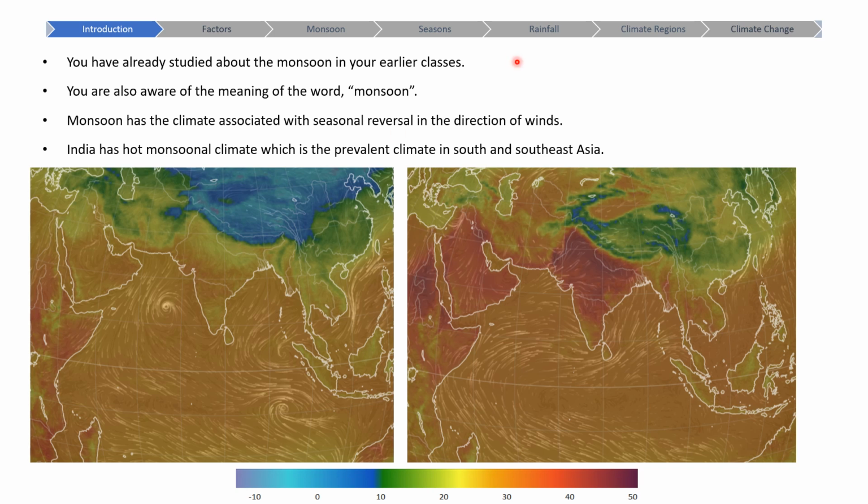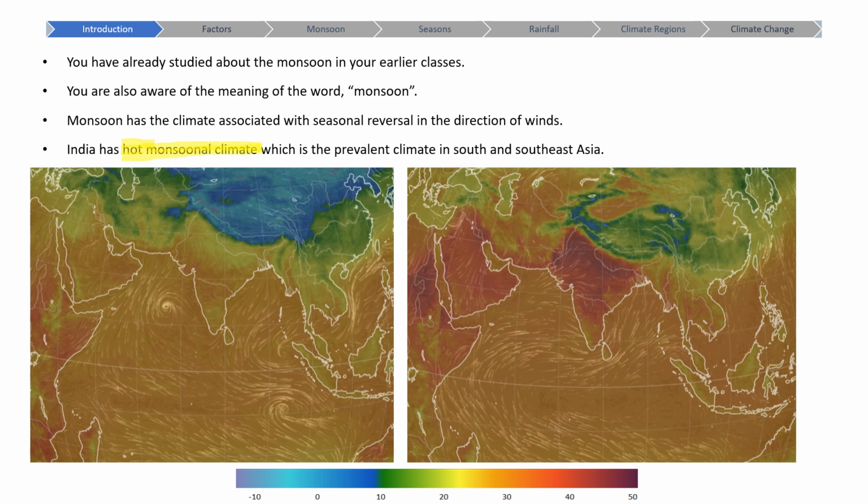So this is the question. The answer is yes, there is an identity. And what is the identity? India has a hot monsoon type of climate.